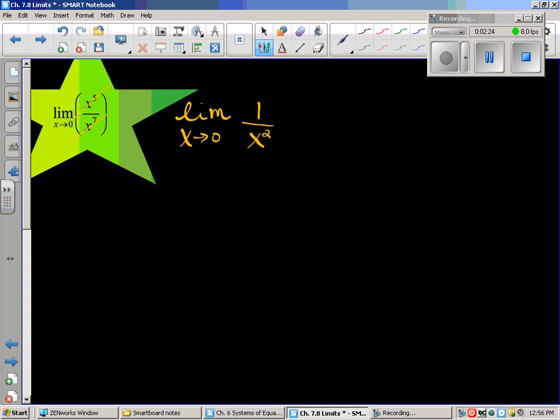Now, as I've pointed out many times before, because this doesn't say from the right or from the left, we technically should be checking from the right and from the left. And so I would just encourage the 0 plus and the 0 minus. You'll get to where you recognize the fact that since this is squared, whether it's 0 plus or 0 minus, it's going to be the same result, and that is, of course, 1 over 0 plus. And that is infinity.